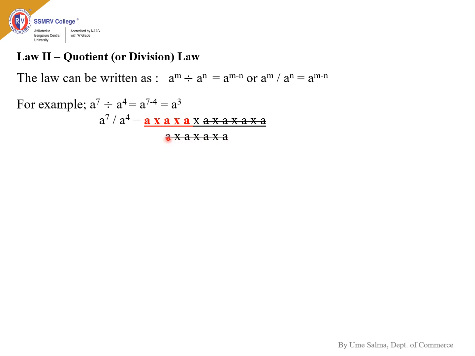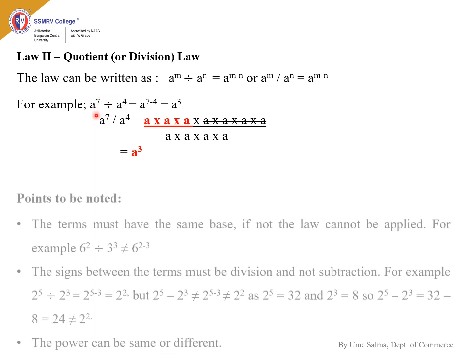As you know, the same things can be cancelled in the numerator and denominator. The 4 a's which are common in both will be cancelled and we remain with a multiplied by itself 3 times, which is nothing but a to the power 3. So this makes it clear how this particular law works when we have the operation of division.